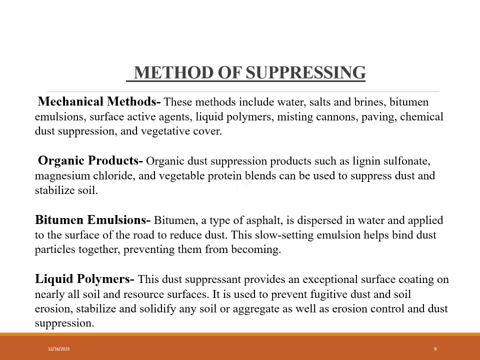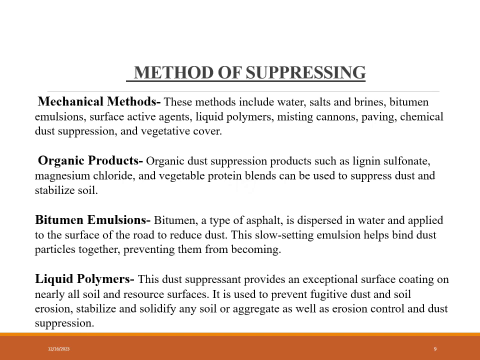Third, bitumen emulsions. Bitumen, a type of asphalt, is dispersed in water and applied to the surface of the road to reduce dust. These slow setting emulsions help bind dust particles together, preventing them from becoming airborne. Fourth, liquid polymers.